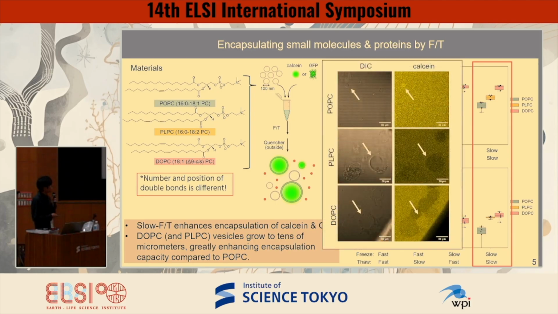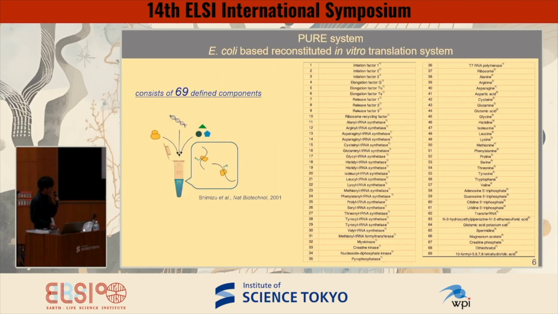So we visualized the vesicles after slow freeze and thaw cycles, and we found that the DOPC and PLPC vesicles grow to tens of micrometers, which is likely enhancing encapsulation capacity compared to POPC. So next, I try to assemble a more complicated system.